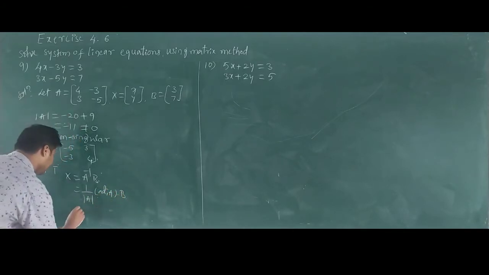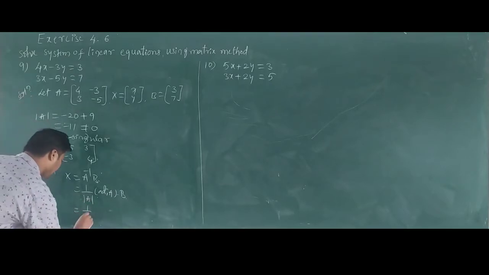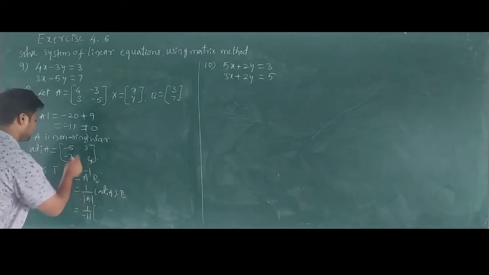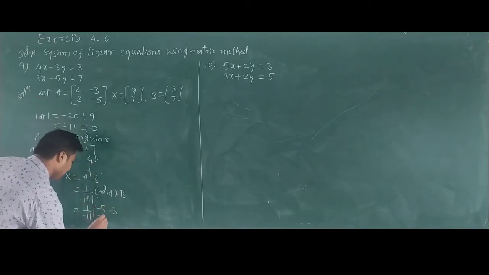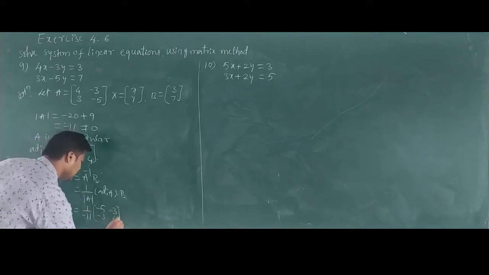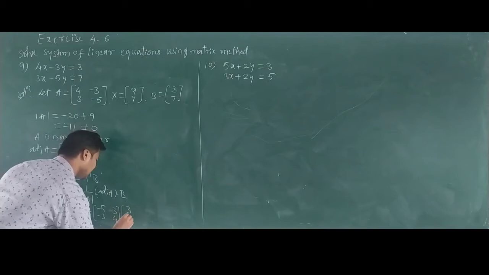Okay. This equals 1 by determinant of A, that is minus 11, into adjoint of A, that is [-5, 3; -3, 4], into B. B value is 3 and 7.